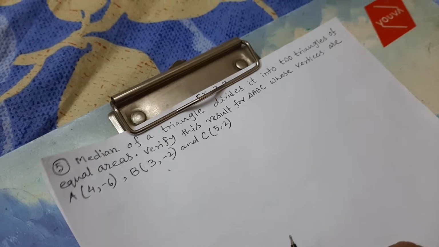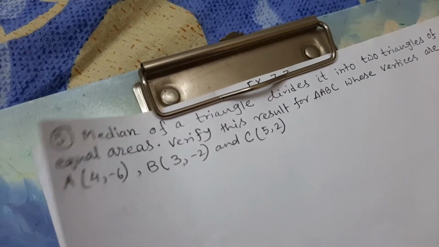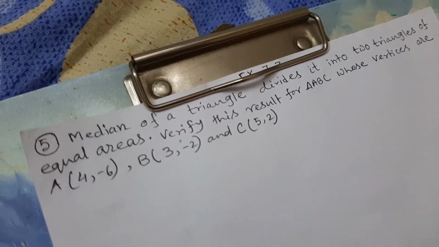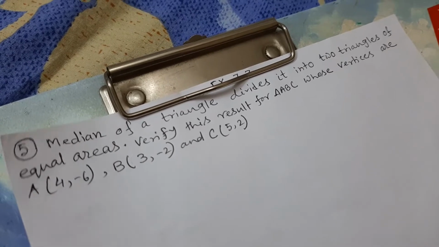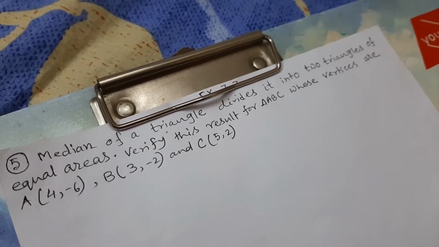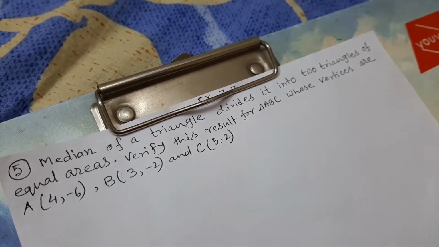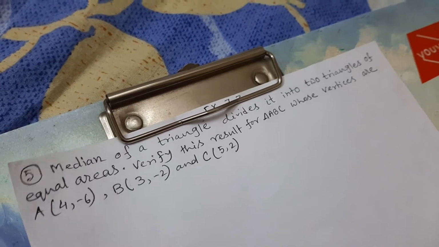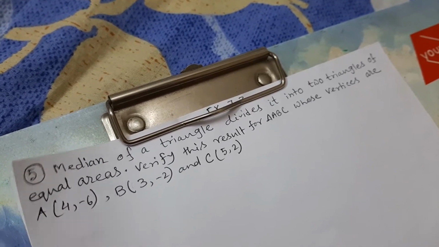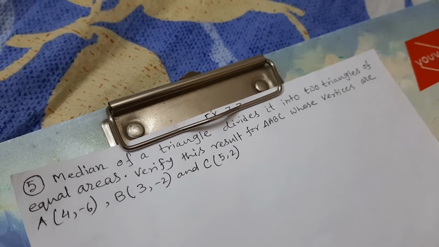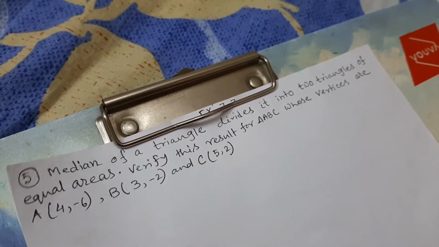Exercise 7.3, question number 5. The question is: median of a triangle divides it into two triangles of equal areas. This one we know from class 9.